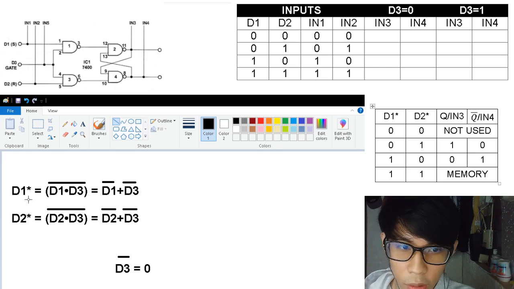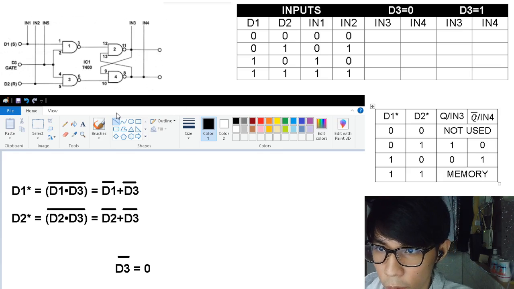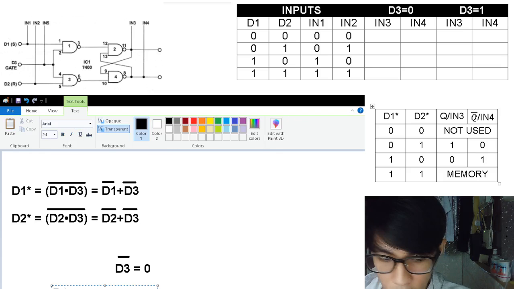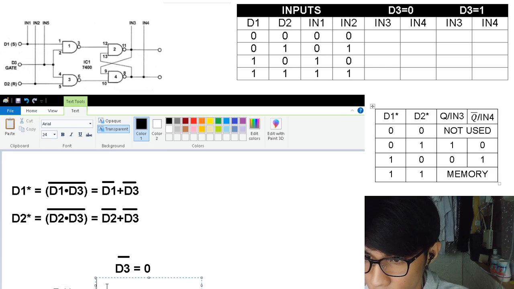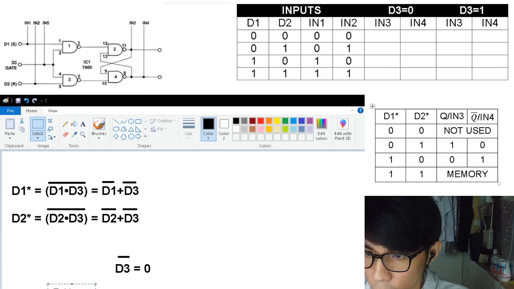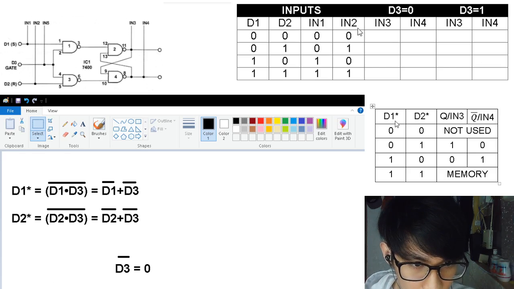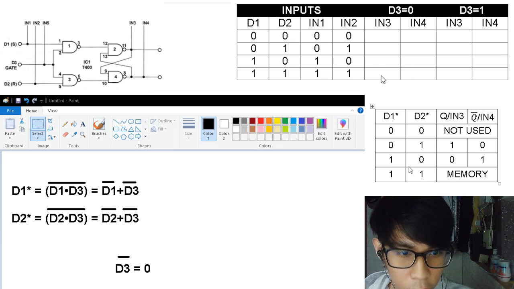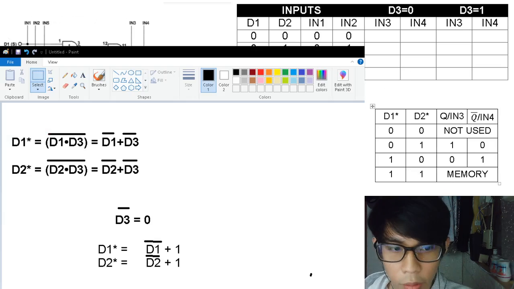Then D1 star and D2 star will both be equal to 1.